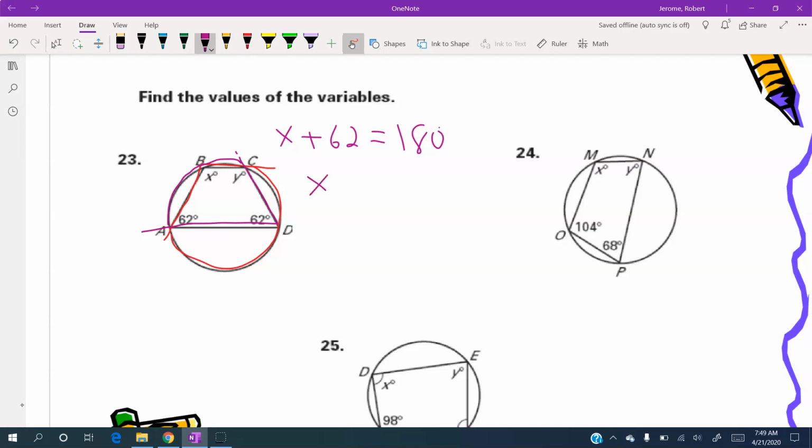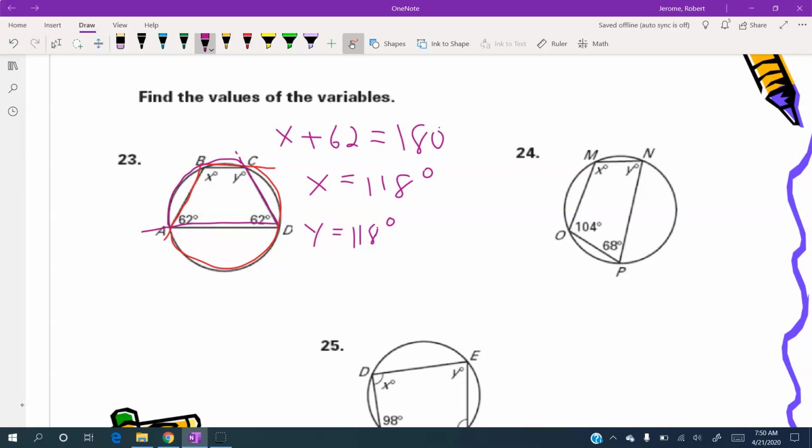So X equals 118 degrees. Now, looking at the picture, we can see Y is going to be the same thing because this happens to be an isosceles trapezoid. So Y, we're working with the same numbers here, so we're going to get the same result, 118.